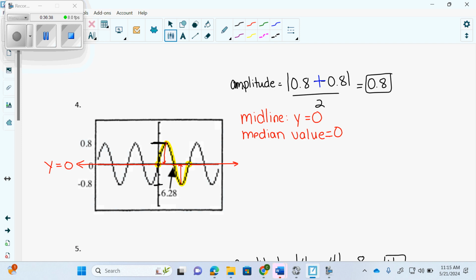Do you agree? So how far is that? To here it says it's 6.28. So from here to here it's 6.28. So from here to here, what's it going to be? Another 6.28, right? So I go 6.28 times 2. What's this one going to be? 12.56. So that's the period.